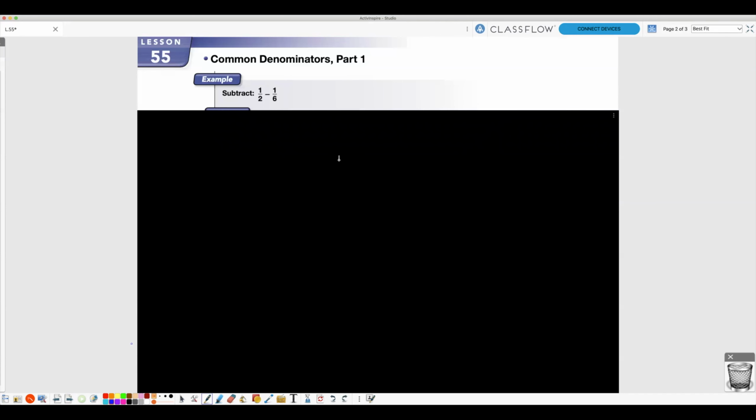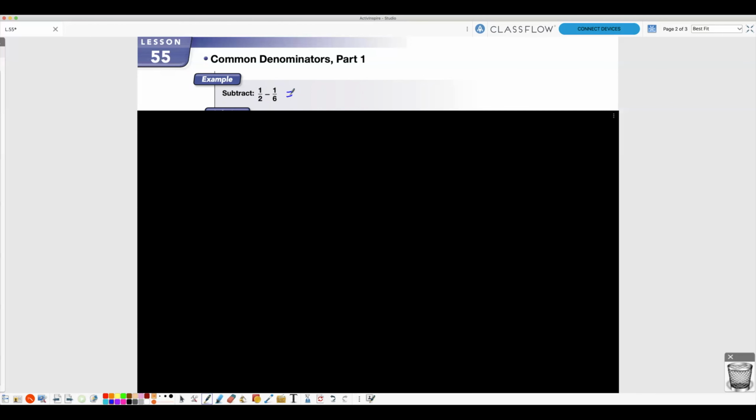So let's look at this. Subtracting 1/2 and 1/6. So you have 1/2 minus 1/6. In order to subtract these, we need to have common denominators. So we can rename either one or both of these fractions so that they have equal denominators.